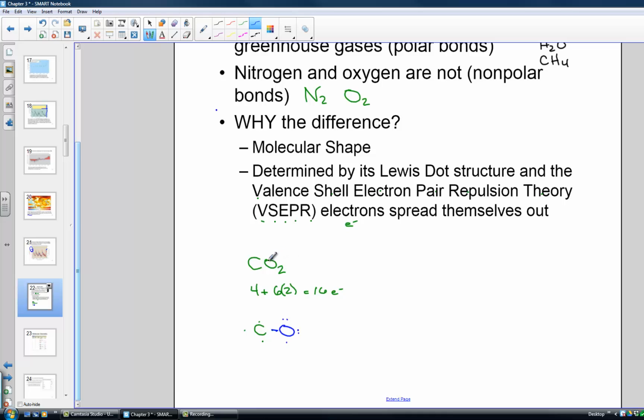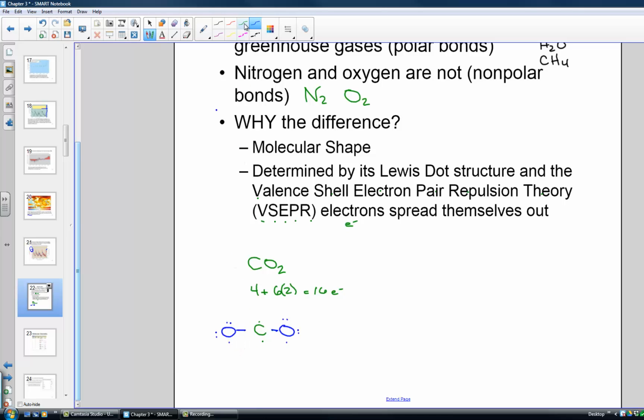We think symmetry, so the second oxygen goes to the left side, and with its 6 valence electrons we build it like this, with a shared pair of electrons. But we're not done yet. We have 2 electrons not yet partnered on carbon, one lonely electron on one oxygen, and one more lonely over here.